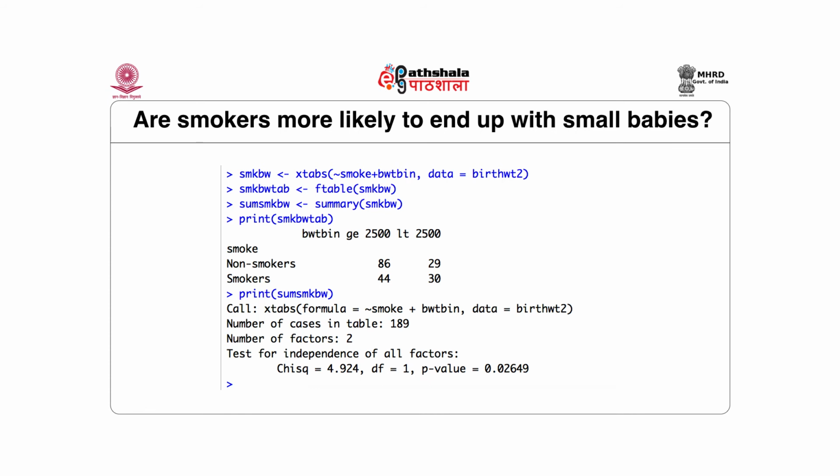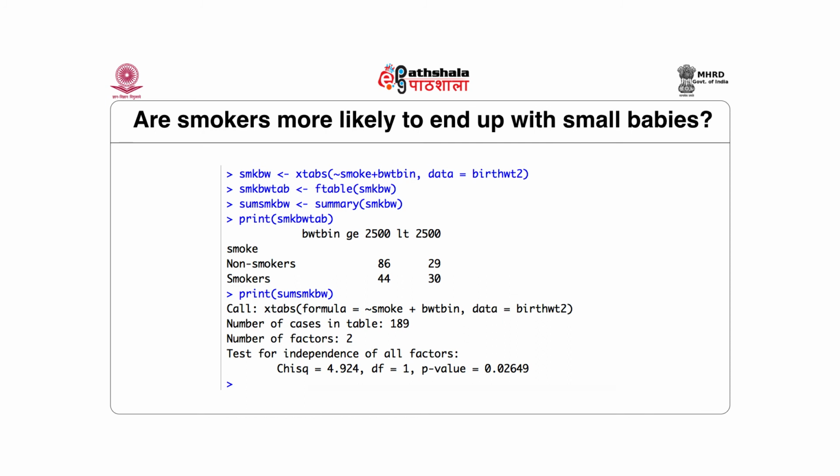And then if you summarize this, it gives you the Pearson's chi-square test of independence, and you can see that smoking and birth weights are not two independent events; they are related to one another. If you then use the rectangular matrix to calculate the birth weights, you will see that compared with the non-smokers, smokers really had a higher percentage of small birth weight babies, like 40% versus 29%. I will leave you to do the math yourself.